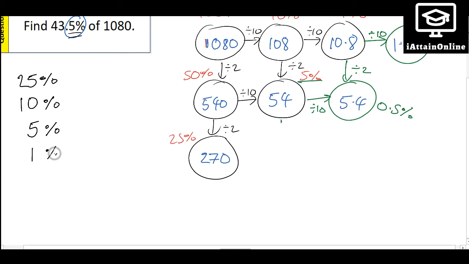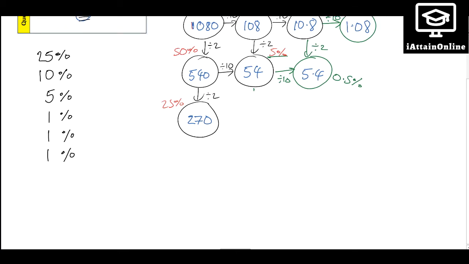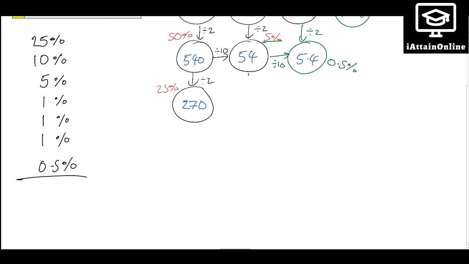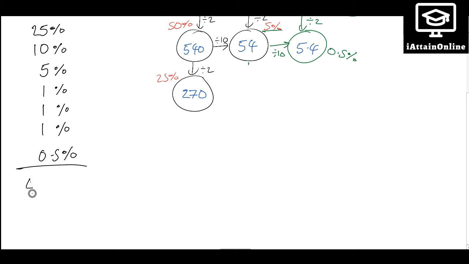I'm then going to use 3 1% to get me to 43%, and then if I zoom out a little bit, 0.5%, and that would get me to the 43.5% that I'm looking for.